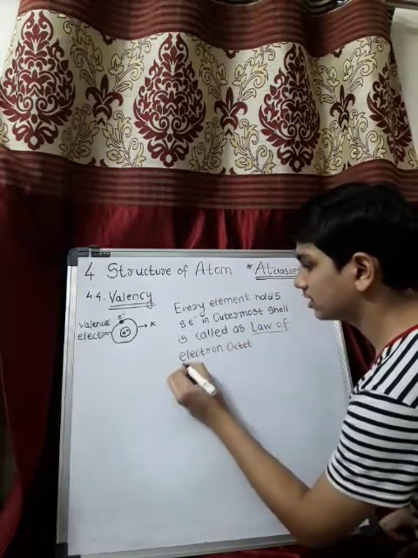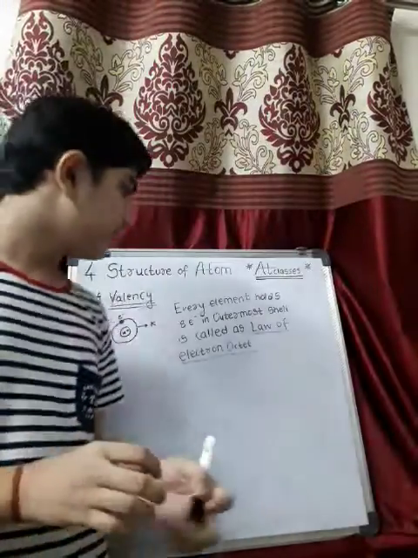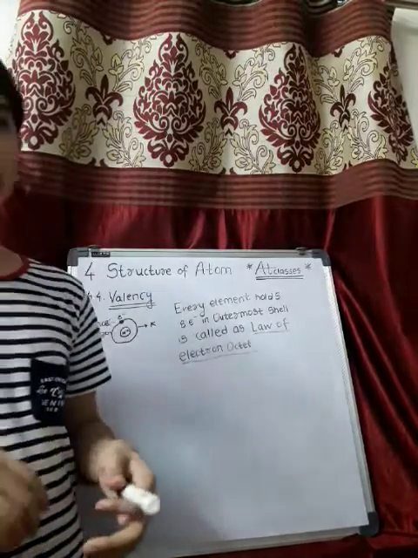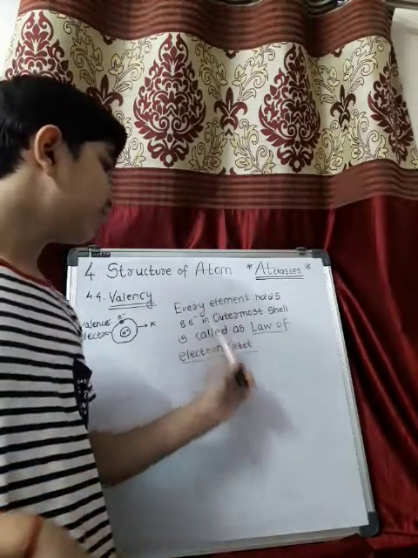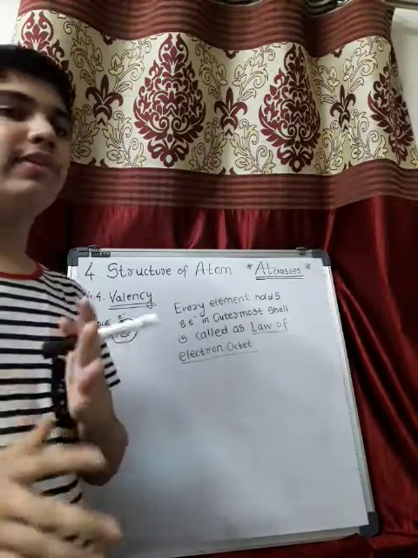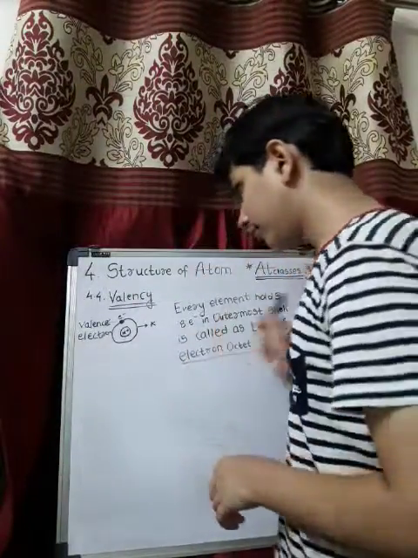This was also discovered by Bohr-Bury. He was the one who gave us the correct model of the atom, and also this law of electron octet.